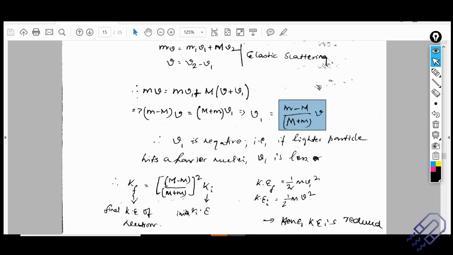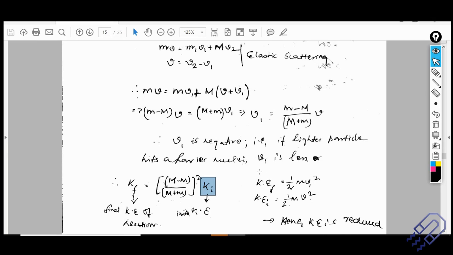But this is M minus m divided by M plus m, so you are dividing a smaller value in the numerator by a larger value in the denominator, as a result of which this entire value will be less. So the final kinetic energy will be lesser compared to the initial kinetic energy. That is the meaning of this mathematical expression.